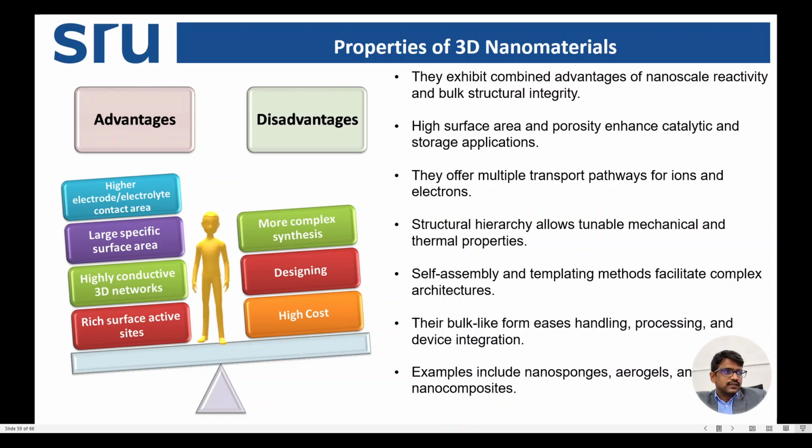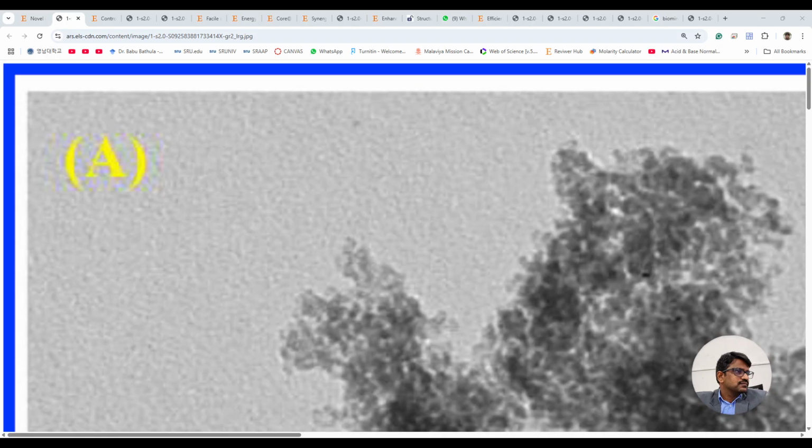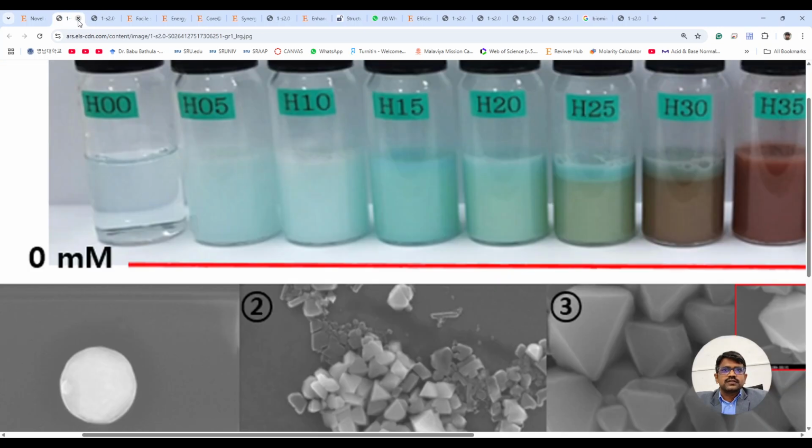I think I have prepared bismuth vanadate 3D structures. Let's see. Let's remove all these things.